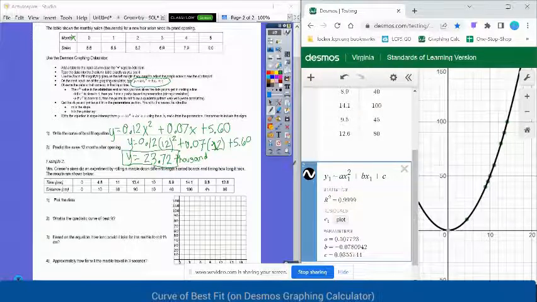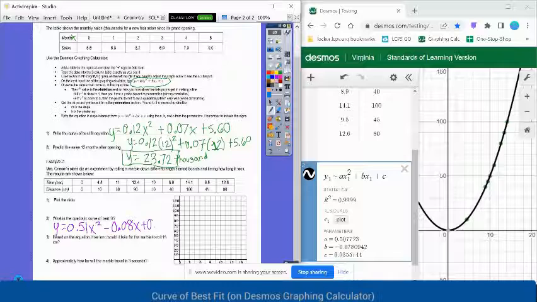Go ahead and plug these a, b, and c values into our quadratic equation then to fit that model. So y is equal to 0.51 for my a value that goes with the x squared, plus, oh, but my b value is a negative, so that's not a plus, that's going to be a minus 0.08 when I round there for my x, and then plus 0.04 as my c value.